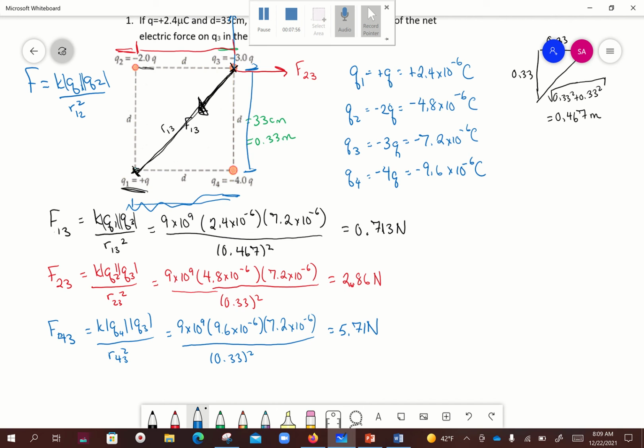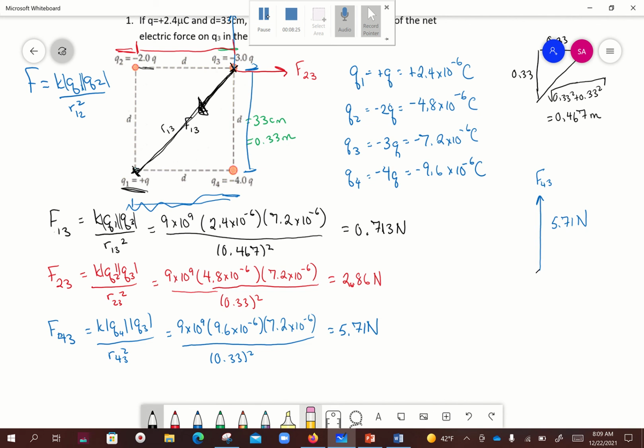All right, so let me draw a little picture over here of what we have. So we've got 3 vectors. I've got force 4.3. So I've got 5.71 newtons going directly straight up. I've got force 1.3, and let me draw that more to scale.